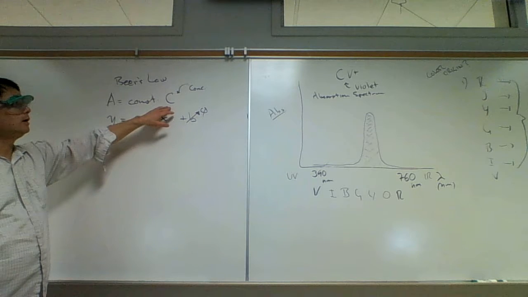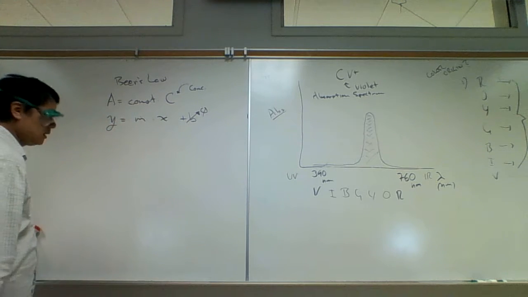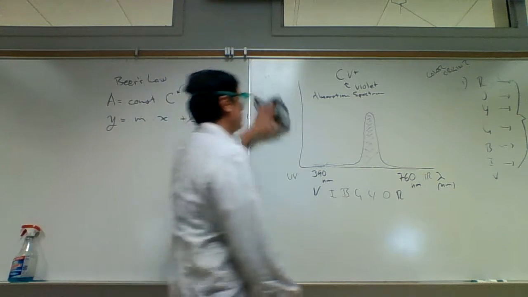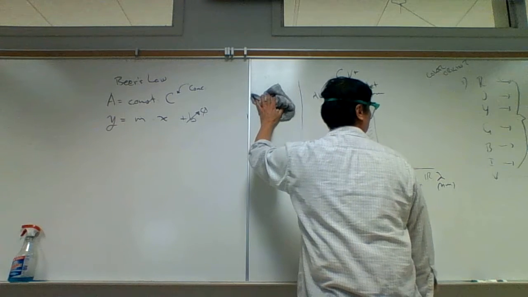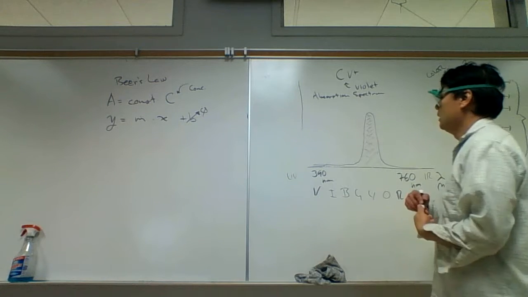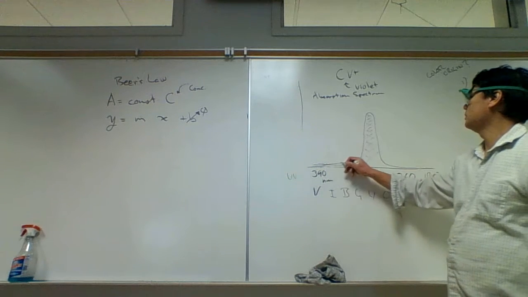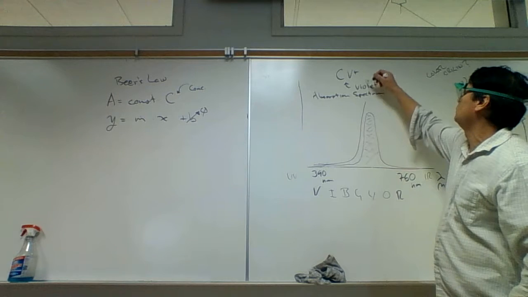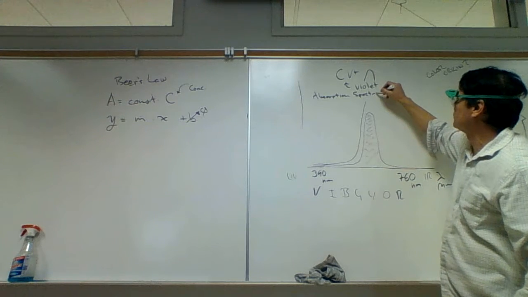That is, if we had 0 concentration, we should have 0 absorbance, the peak. If we double the concentration, the absorbance should do what? Double. And so if I doubled this concentration, the peak should double in height.